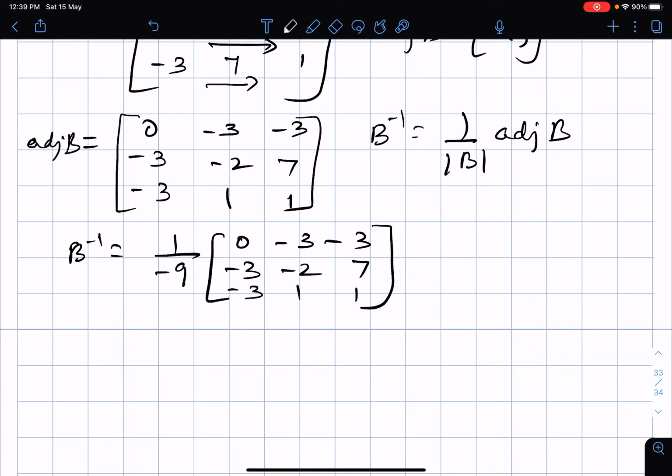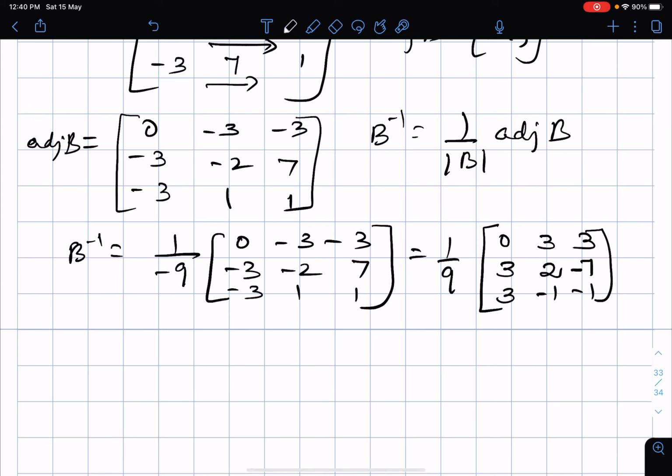And you take this minus inside, you will get it as 1 by 9 into 0 plus 3 plus 3, plus 3 plus 2 minus 7, plus 3 minus 1 minus 1. This is nothing but equal to B inverse. So you have got your final answer as this. Thank you.